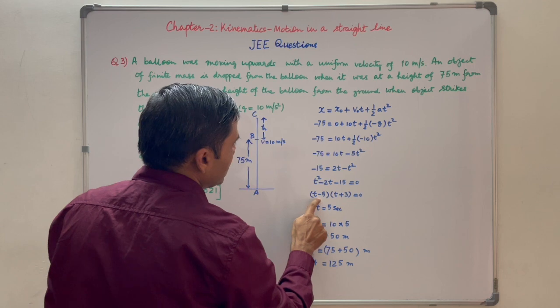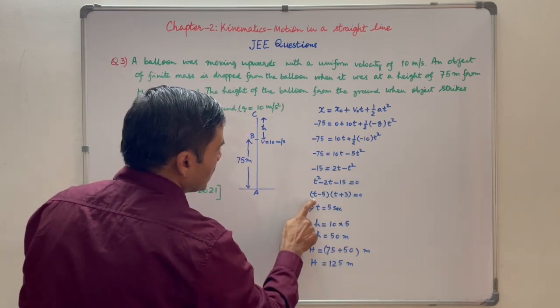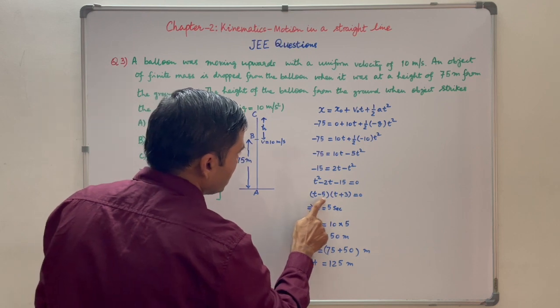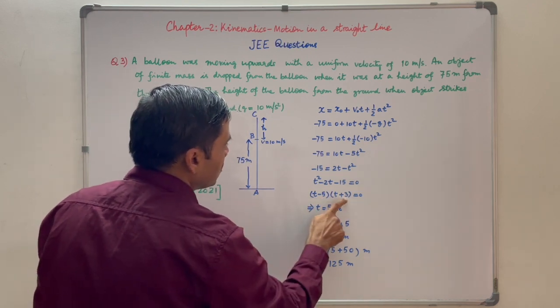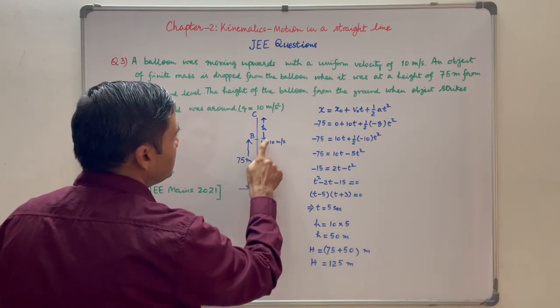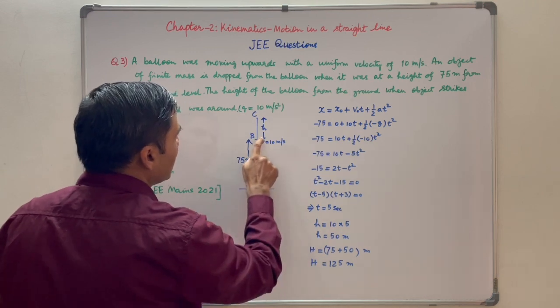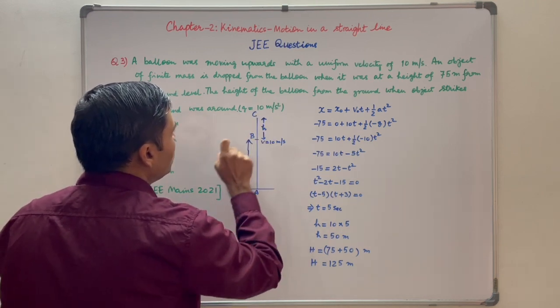So t minus 5 into t plus 3 is equal to 0. So time will come out to be plus 5 or minus 3. Time cannot be negative, so minus 3 can be neglected. So t is equal to 5 seconds. This means the object will take 5 seconds to reach the ground. In 5 seconds, how high will the balloon be?